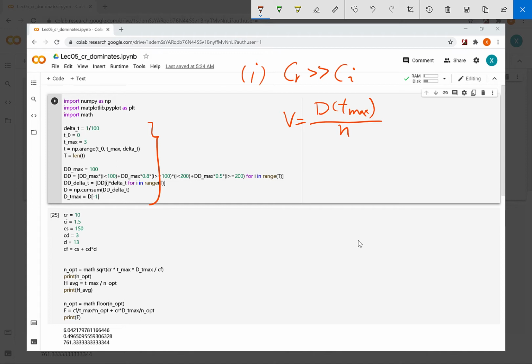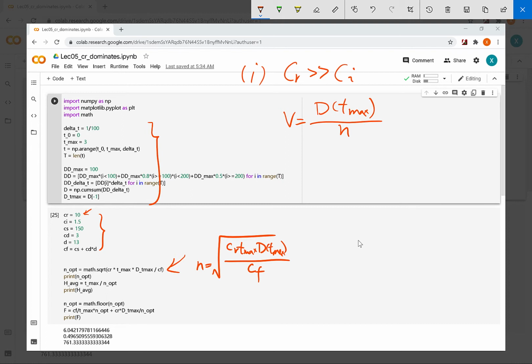Now we can plug in our parameters from the previous example. Note that here we only need the rent cost because we assume the rent cost is much larger than the inventory waiting cost. So to apply our formula, we can easily calculate this optimum n value using Python. Remember that this value is actually a float number, which is not an integer.